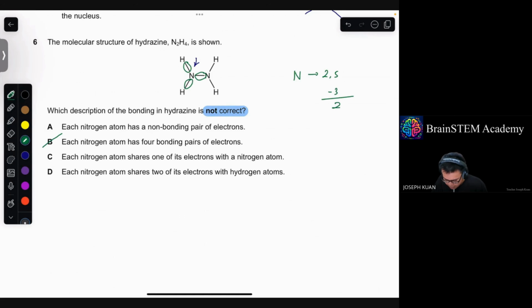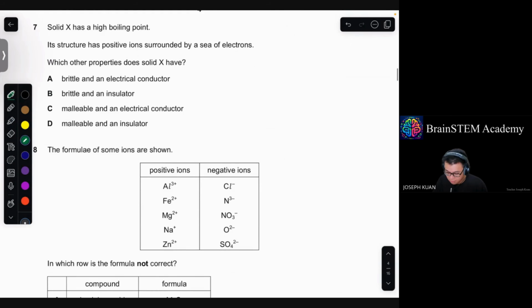And then we see that each nitrogen atom shares 1 of its electron with a nitrogen atom, which is true. And the last one is each nitrogen atom shares 2 of its electron with hydrogen atoms. That's true.